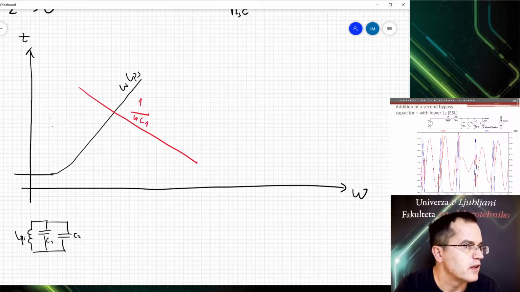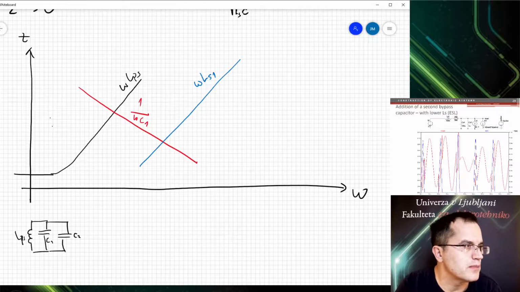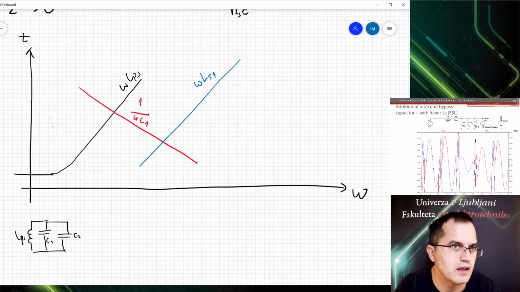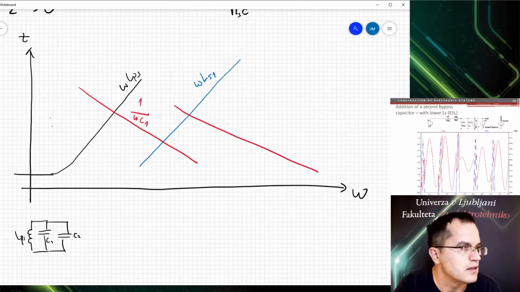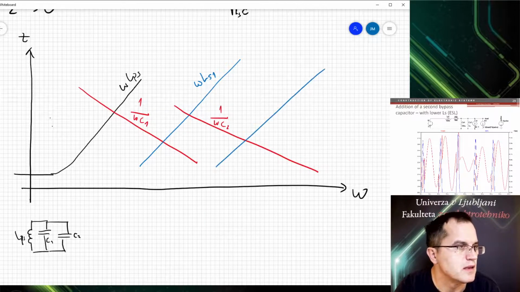Then I have the series inductance of this first capacitor, omega L series 1. Then I put another capacitor which has lower capacitance, therefore it has higher impedance. This is 1 over omega C2. And then this capacitor also has some omega L series 2.